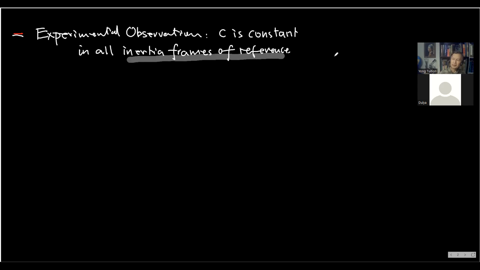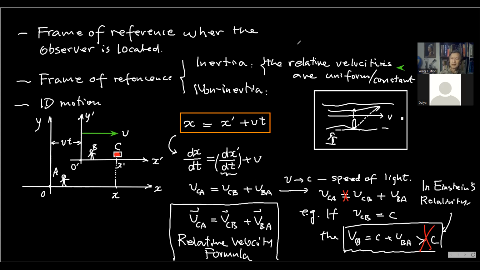Because how come, you see, if there is an airplane, and when the airplane flies at a relatively slow, normal speed compared with the speed of light, very slow. Okay. And obviously, according to this formula, the relative velocities are different.